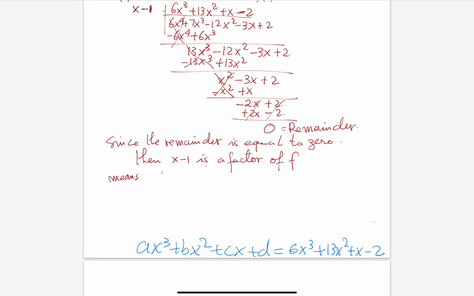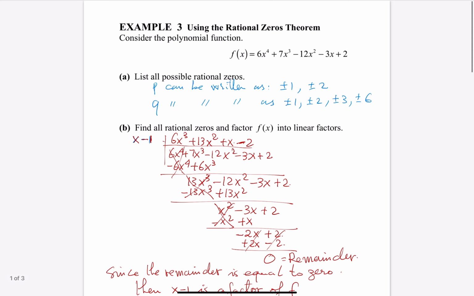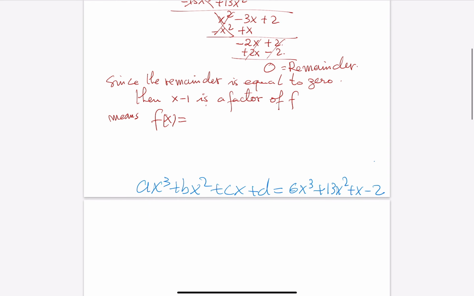Now I can write down directly f(x) is equal to, if I say f(x) is this one, the whole thing, is equal to x minus 1 times the one I just found, which is 6x to the third plus 13x squared plus x minus 2.